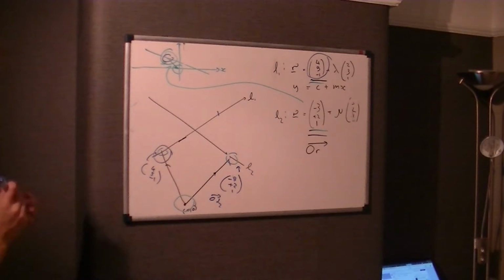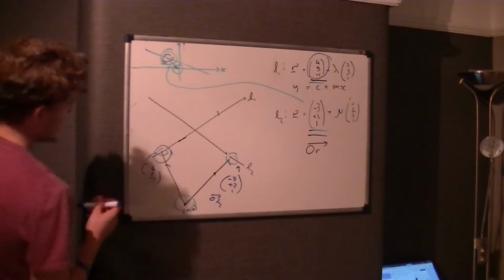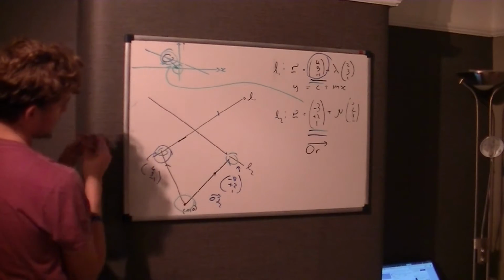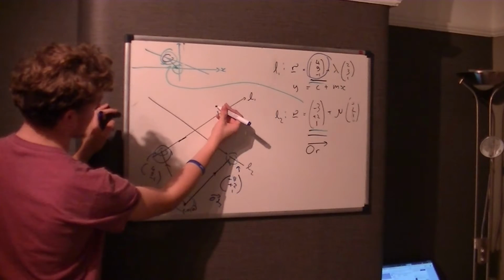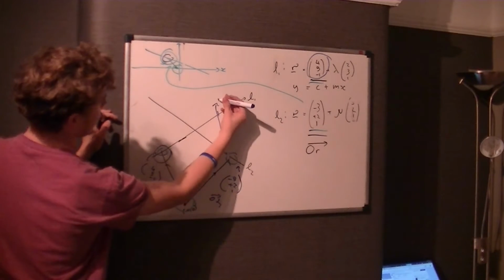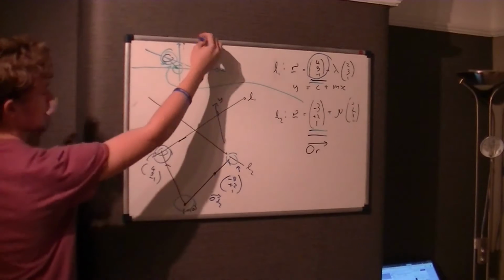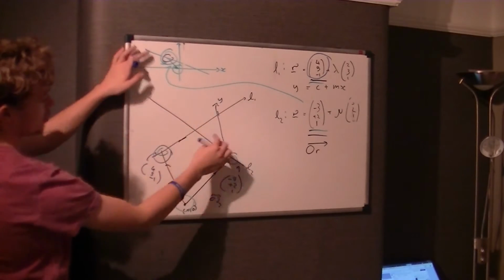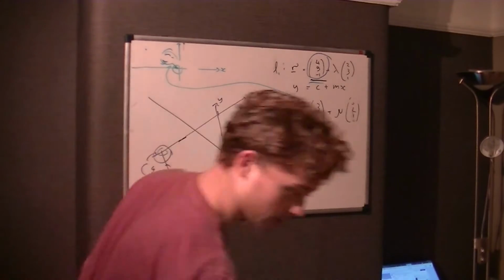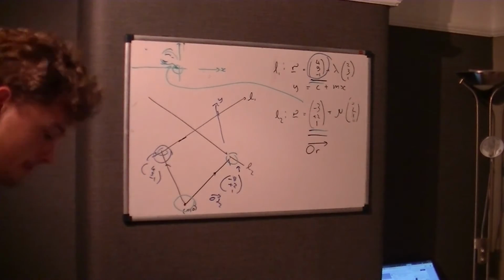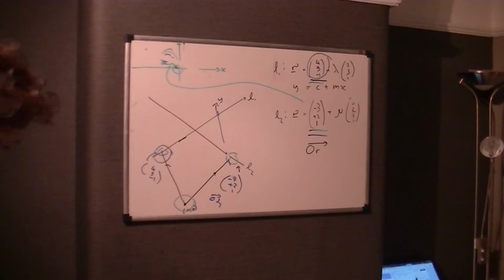It's best to explain this. So say for L1, we had the y-axis up here. We can imagine this is the y-axis, and this is a scenario for L1 where we've got a line. Let me redraw that.